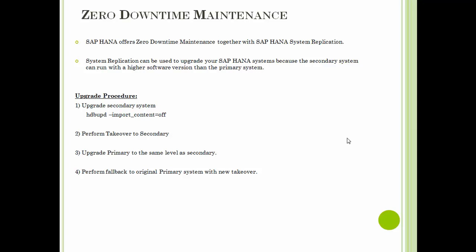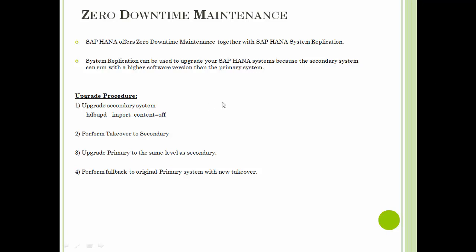Next, let us learn about zero downtime maintenance. I have already explained how we do zero downtime system upgrade. Let us understand how we achieve this. What are the commands we use to achieve this?